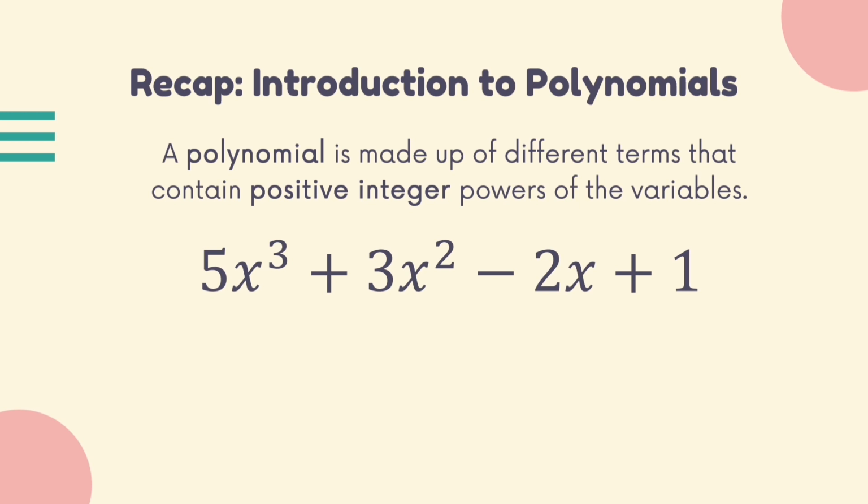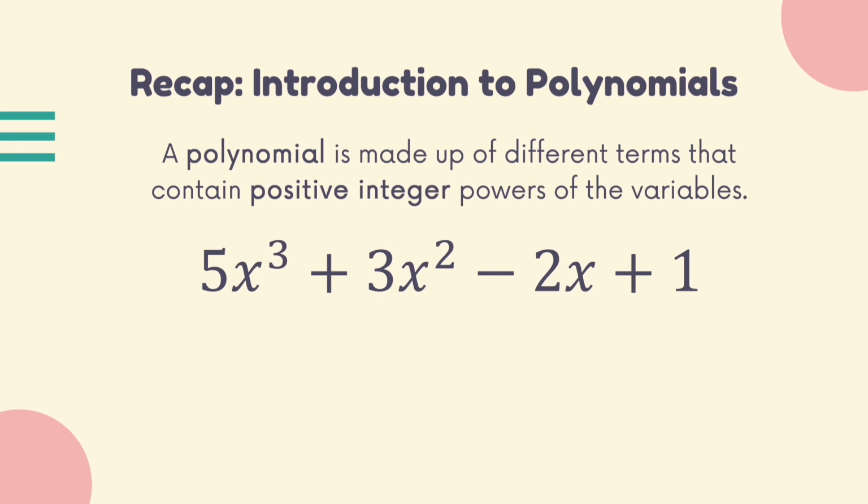Each part of the polynomial that is added or subtracted is what we call a term of the polynomial. So in this example, 5x cubed, 3x squared, negative 2x, and 1 are the terms of the polynomial. In this example, we have 4 terms.